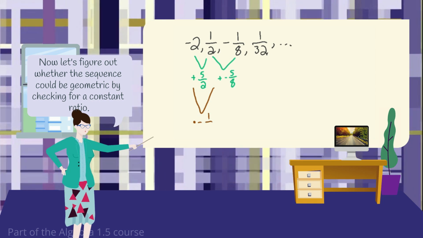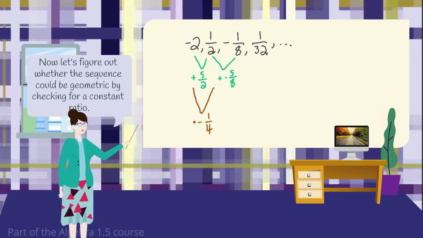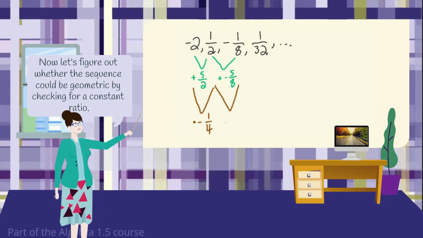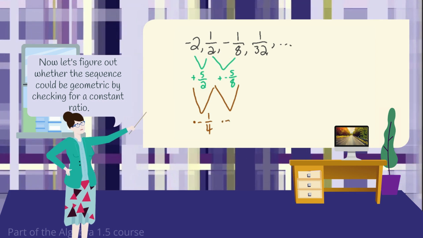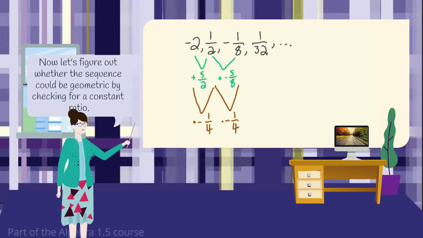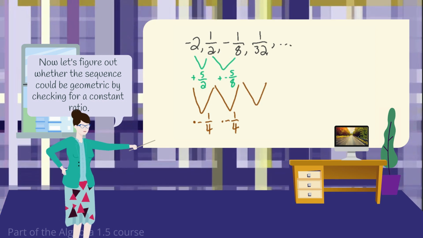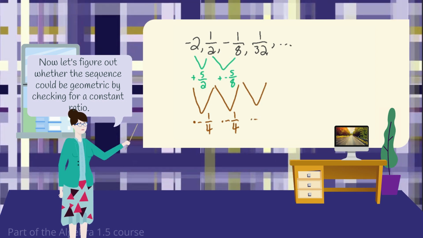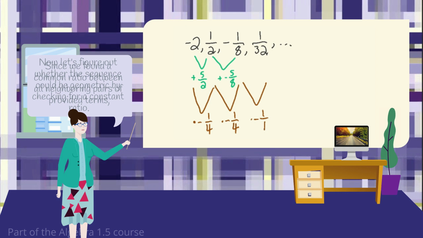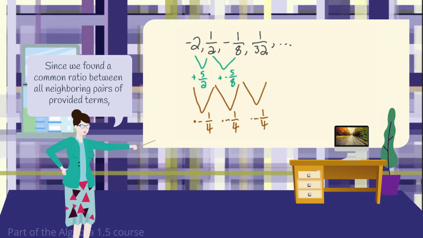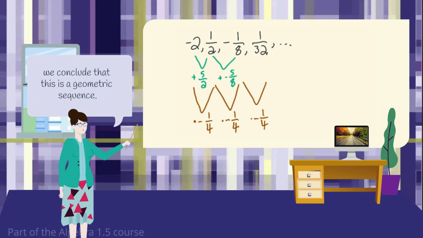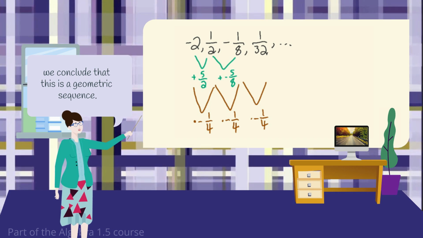Now let's figure out whether the sequence could be geometric by checking for a constant ratio. Since we found a common ratio between all neighboring pairs of provided terms, we conclude that this is a geometric sequence.